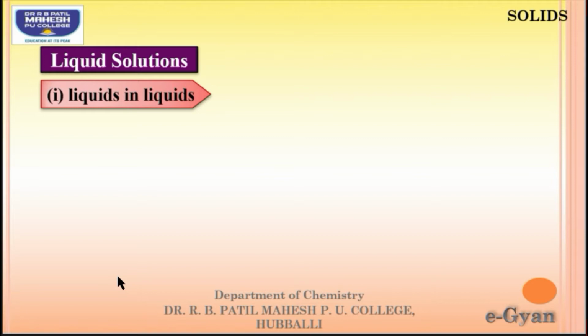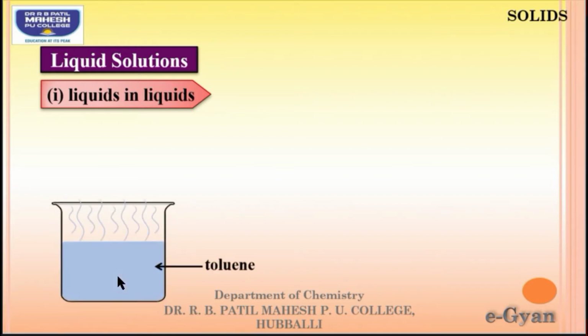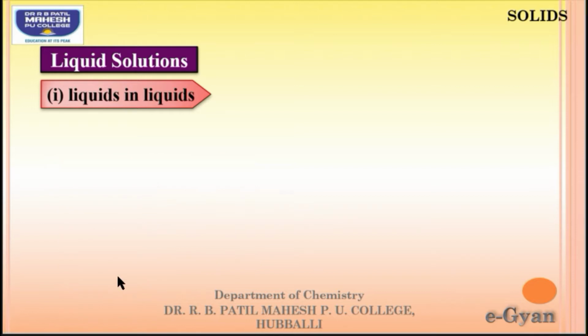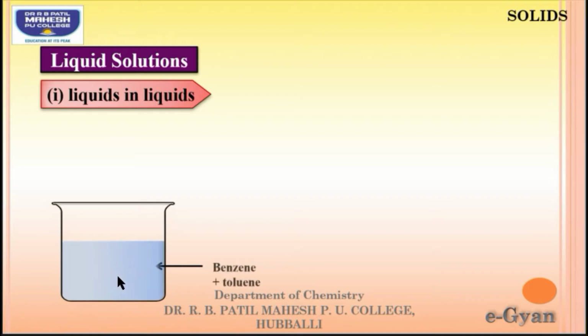Similarly, one more solution I will take, toluene. Again, I will have some quantity of vapors of the toluene which exert pressure on the surface, which is called the vapor pressure of the toluene. Now, I will mix both the solvents, benzene and toluene.